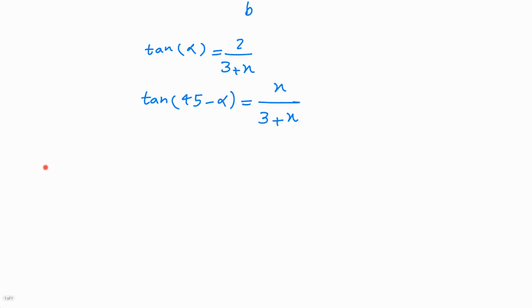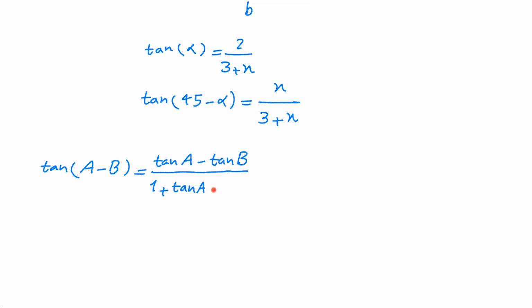We know that tangent of A minus B is equal to tangent of A minus tangent of B divided by 1 plus tangent of A times tangent of B. So we can use this formula to expand this.